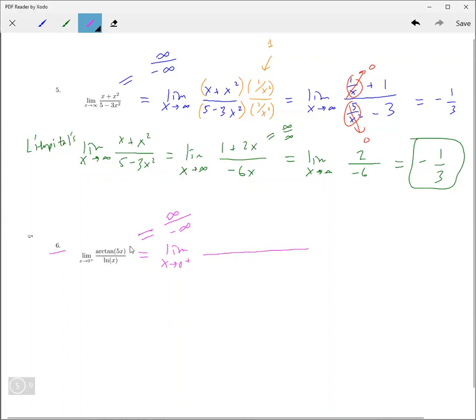Let me bring this to your memory: the derivative of inverse tangent is 1 over 1 plus x squared, right? So the derivative of inverse tangent of 5x will be 1 over 1 plus 5x squared times the derivative of 5x, which is 5. So it's just going to be a 5 up here. The derivative of the natural log of x is 1 over x.